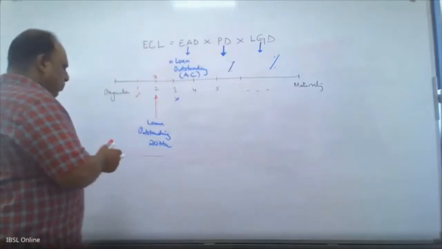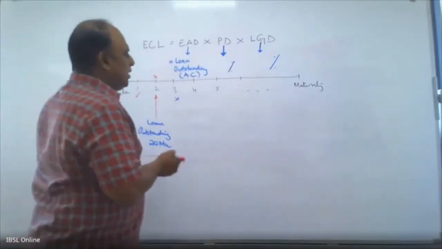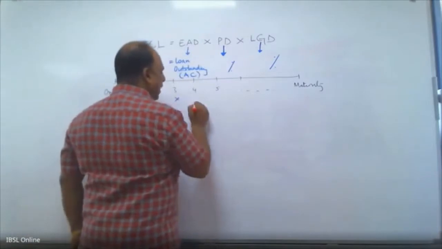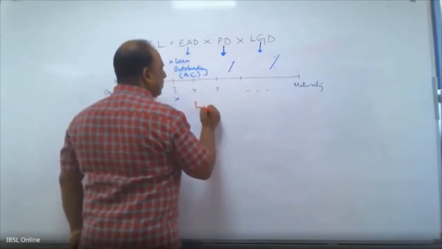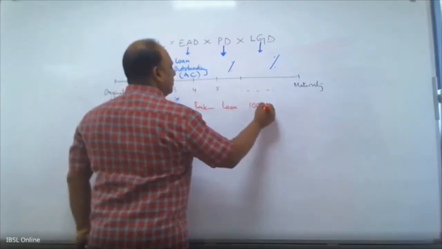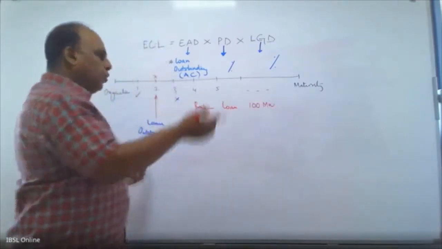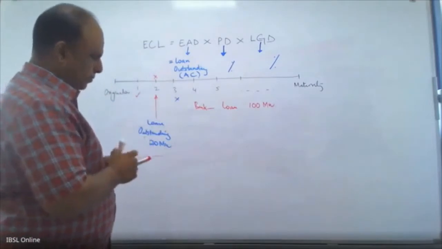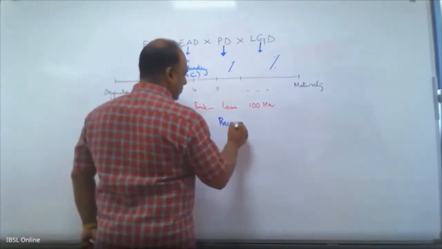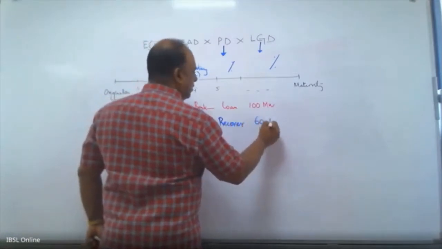So simply put, let's take loss given default. If this bank gives a loan of 100 million, and when it goes bad, they recover 60 million out of this.